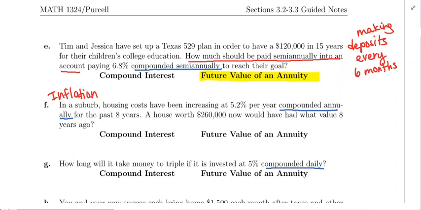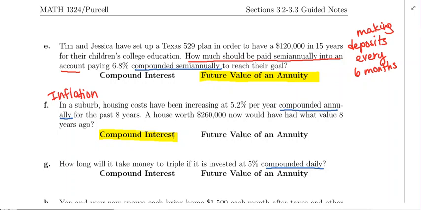Its price has increased at a 5.2% rate, and its value has grown to now be $260,000 in the present time. So this is a compound interest problem, because there's nothing about regular deposits. Think of the original price of that house 8 years ago as one lump sum that has grown to be $260,000 now in the present time.